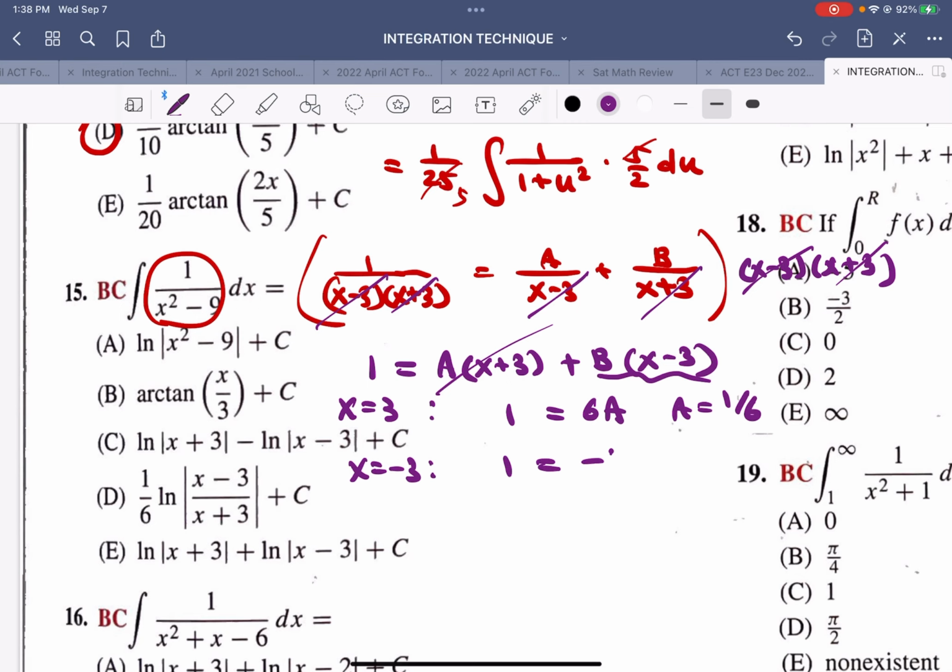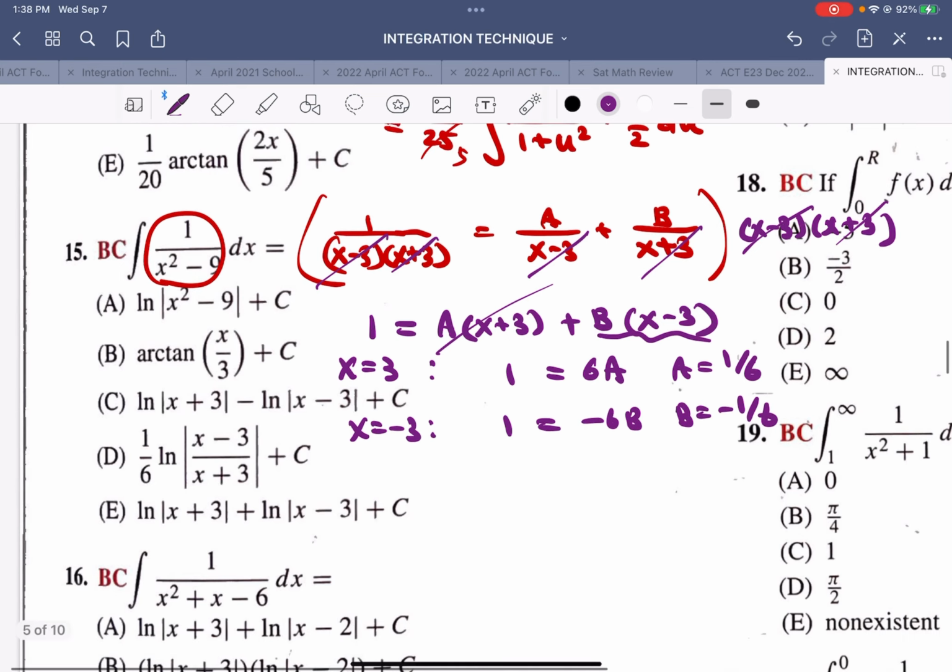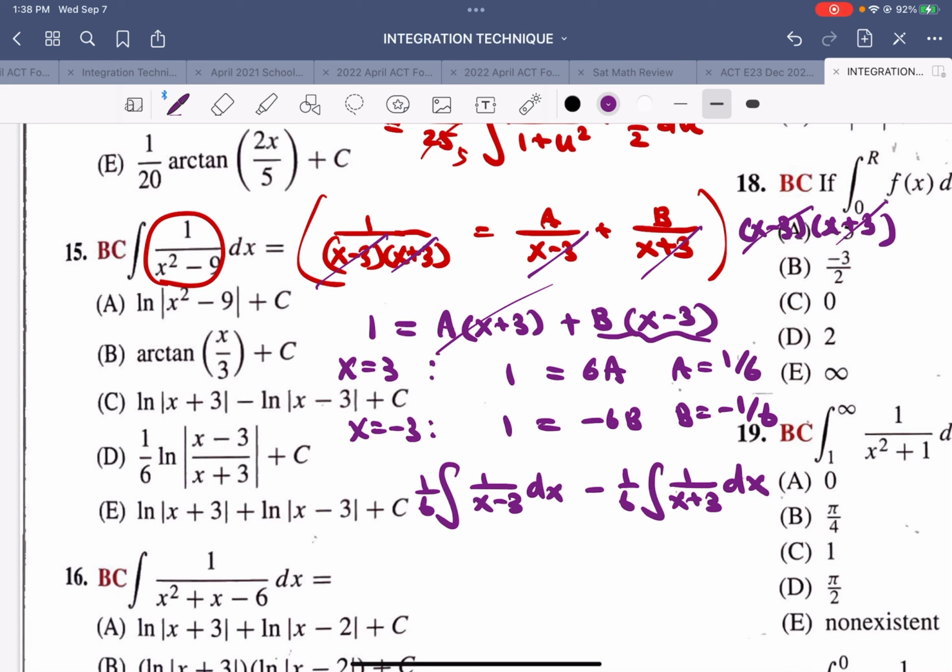So then negative 6b, so b is negative 1 over 6. So I can rewrite it as 1 over 6 integral of 1 over x minus 3 dx, minus 1 over 6 integral of 1 over x plus 3 dx.